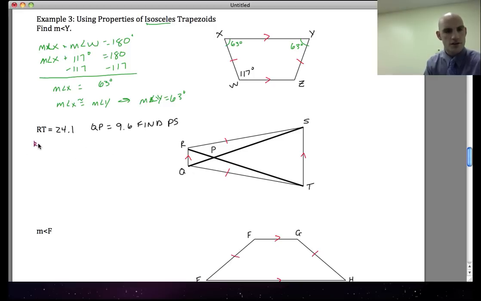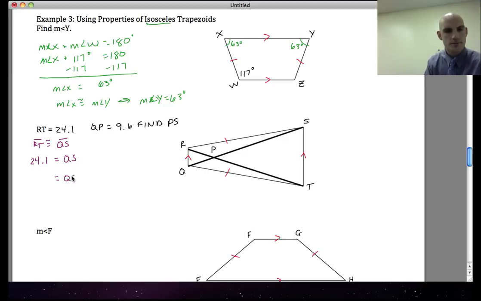So RT is going to be 24.1. So we know that RT is congruent to QS, right? Because QS and RT are the diagonals of an isosceles trapezoid, so they are congruent. Well, this means for us that 24.1 is equal to QS.